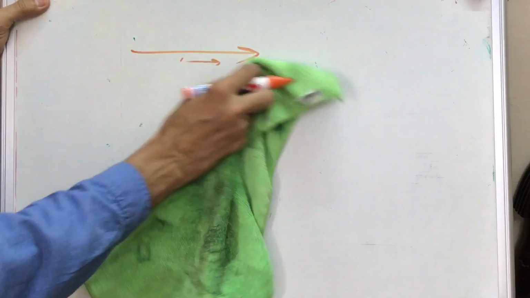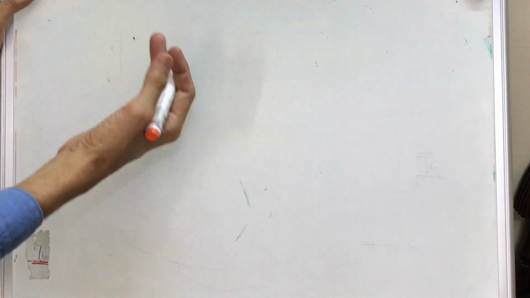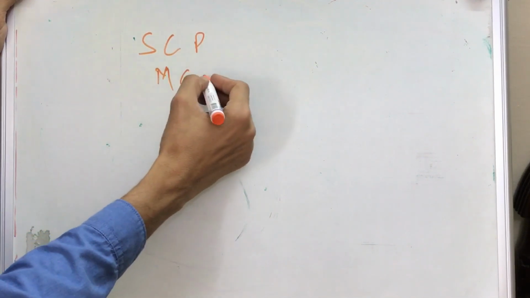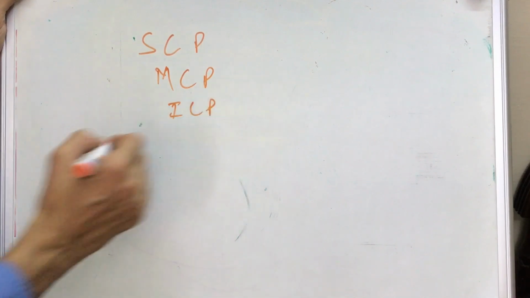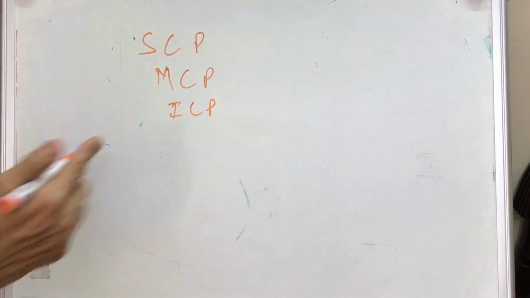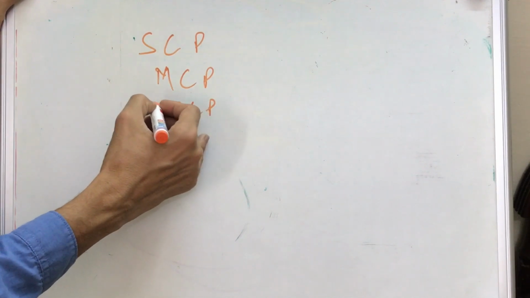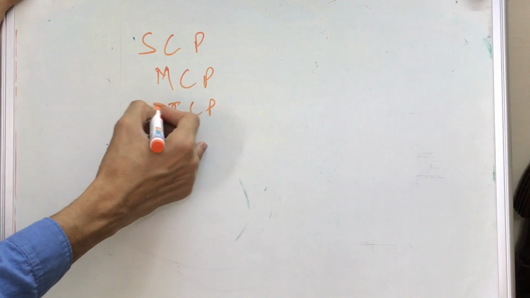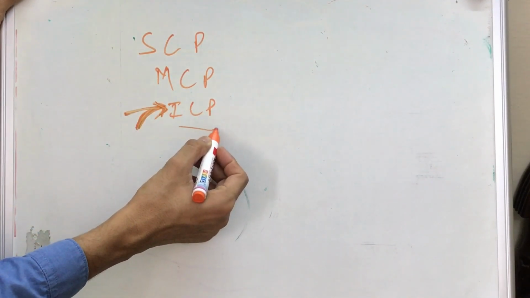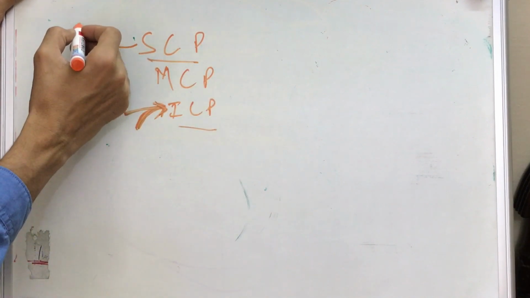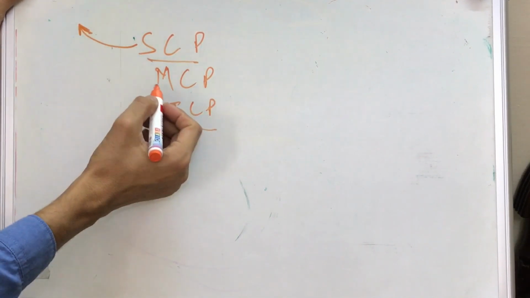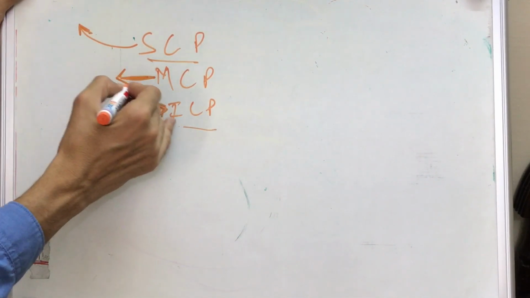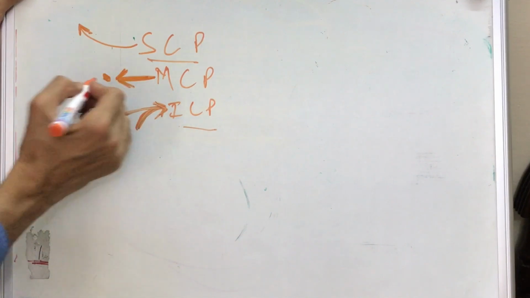Like in the previous video we talked about the superior cerebellar peduncle, middle cerebellar peduncle, and inferior cerebellar peduncle. Mainly the incoming fibers from the spinal cord or the brain stem enter via the inferior cerebellar peduncle, and the superior cerebellar peduncle is mainly outgoing to the cerebral cortex, and the middle one is a mixture.